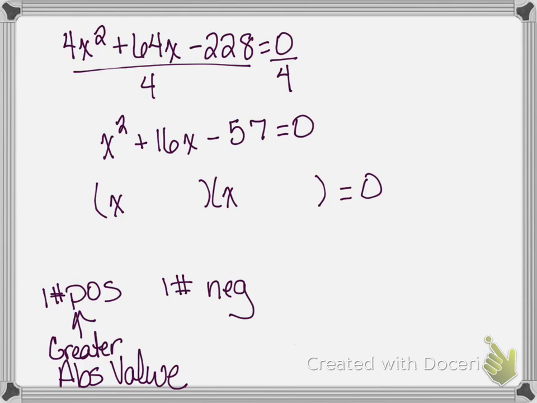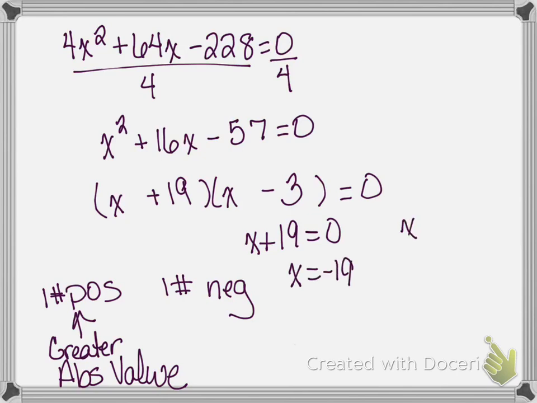What do you get? 57 divided by 3 is what? 19. Okay, so which one's positive? 19. Good. So I have x plus 19 and x minus 3. So x plus 19 equals 0, x is negative 19. X minus 3 equals 0, x equals 3.